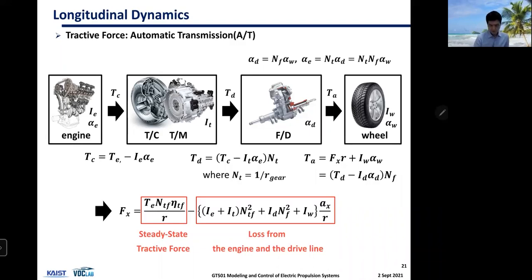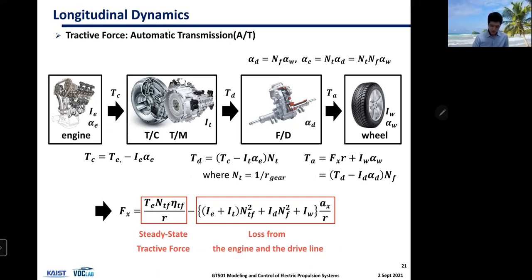Like I said, the vehicle dynamics itself is relatively simple, but when it comes to modeling powertrain, drivetrain, it gets more complicated, and you need to understand their operating principles, how they operate, and how they are modeled.